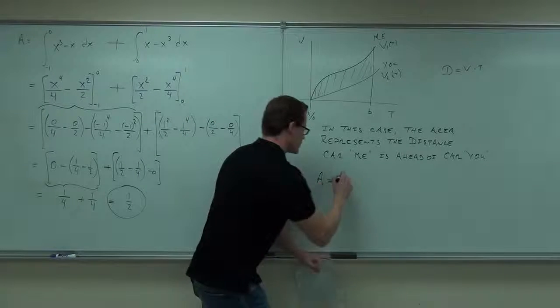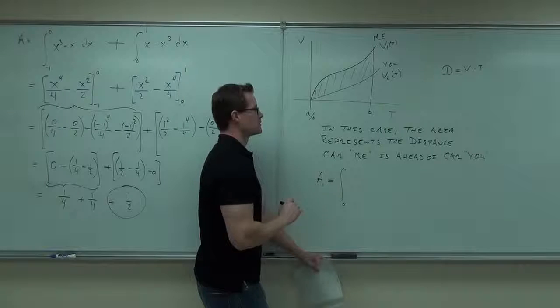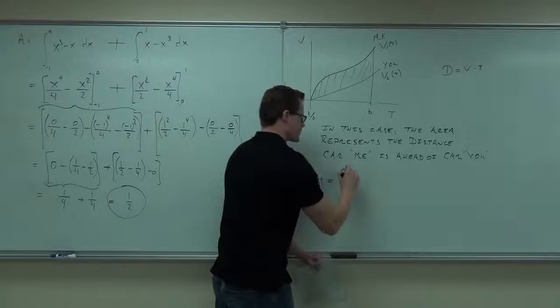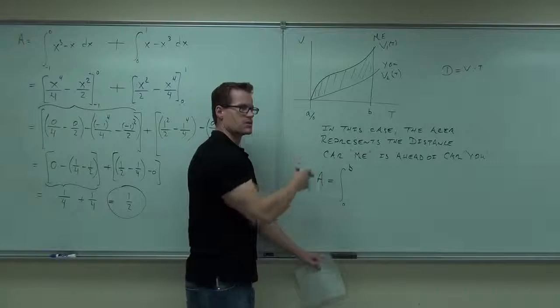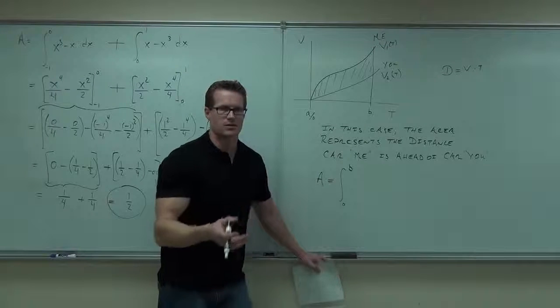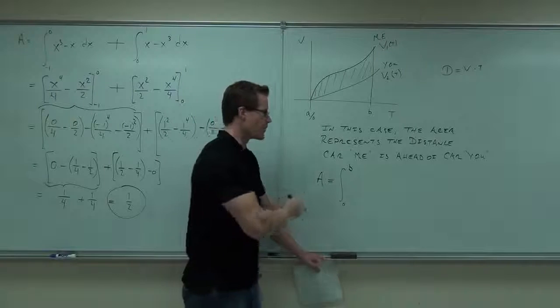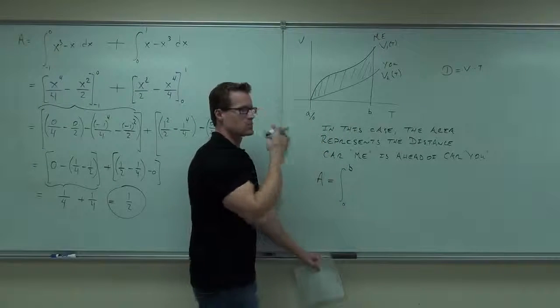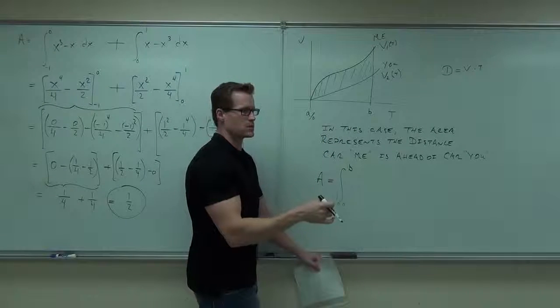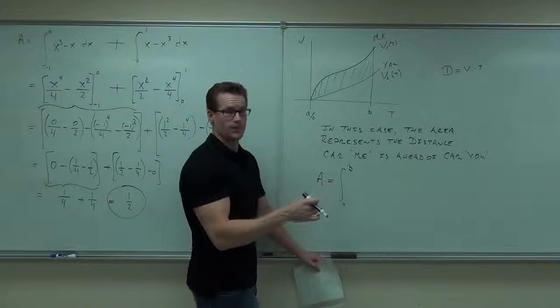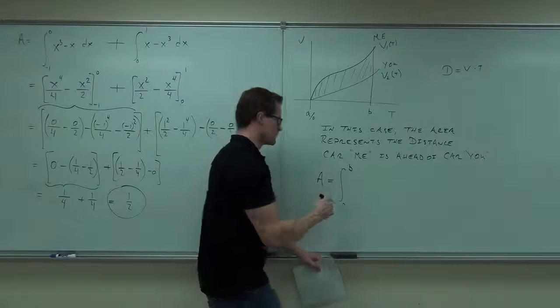Where does it end? Wherever that time was. In our case, B is going to be the time after 20 seconds or whatever. How far am I ahead of you after 20 seconds? That's what this would do for you. What's going to come first, V sub 1 of t or V sub 2 of t? Explain why.